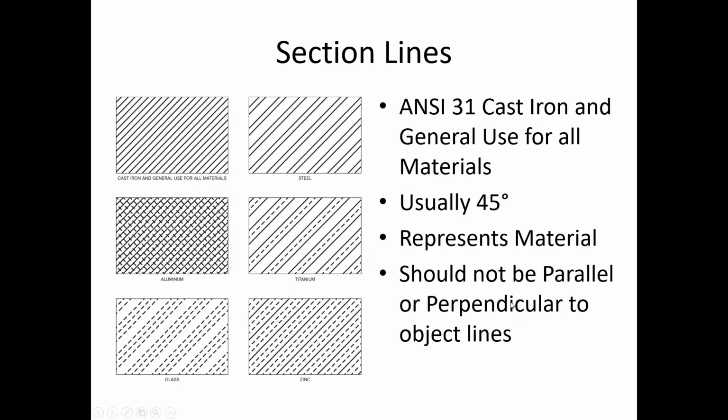So we want to try to avoid having the section lines parallel and perpendicular to your primary edges of the part, because that adds confusion. What's a section line? What's a real edge? So generally they're on a 45-degree angle. If the edges of your part are on a 45-degree angle, you might tweak it to 60 or something, just so it doesn't stand out and confuse the edges of the part.